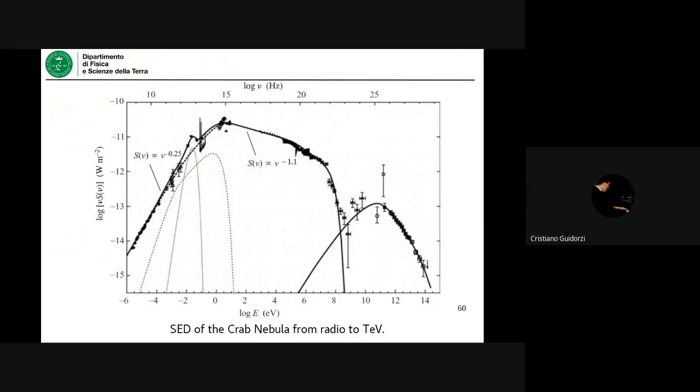If you look in particular at the peak of the nu F nu spectrum, and this is indeed a plot of the nu F nu spectrum, the peak tells you where most of the energy is released in terms of decades. Essentially, when you want to compare the energy released per unit decade, so in a logarithmic sense, plots like this one immediately tell you the answer graphically.